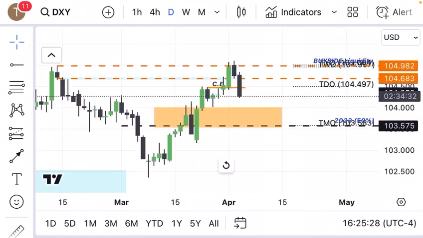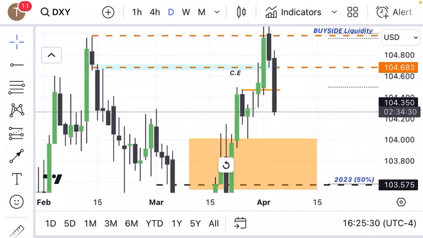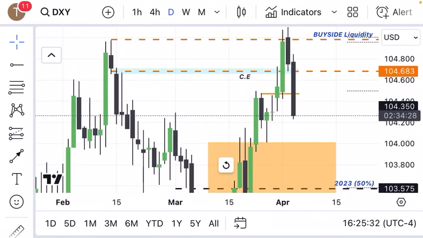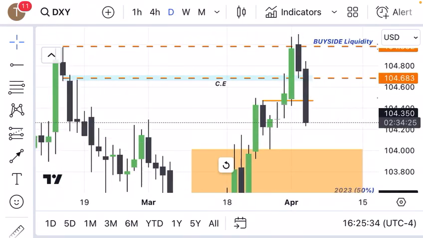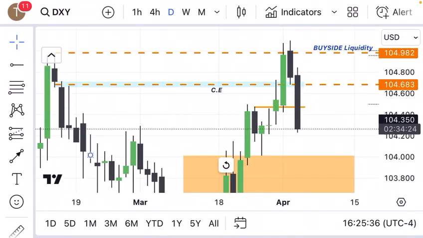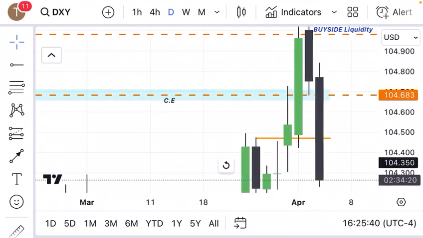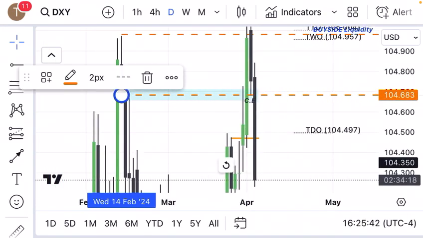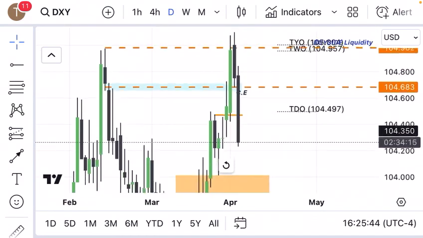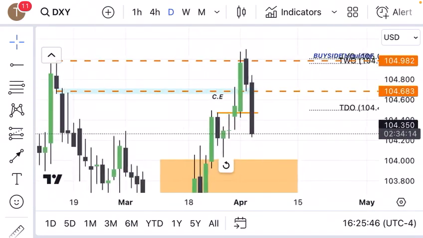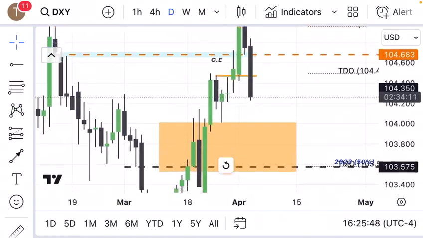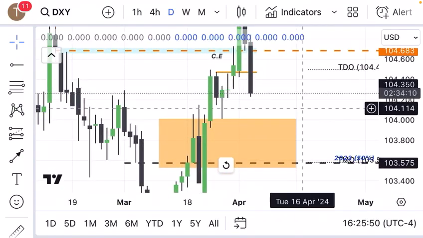So as you can see, we had this volume imbalance, and price closed below this volume imbalance, which is the one highlighted with the blue shaded area, right? And the dotted orange line is the consequent encroachment of that volume imbalance.